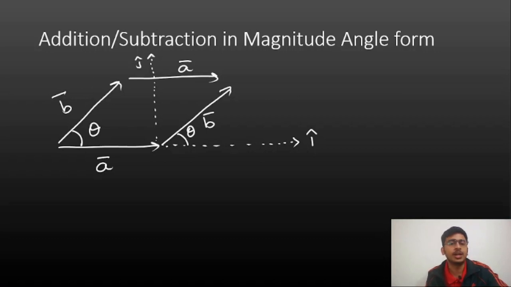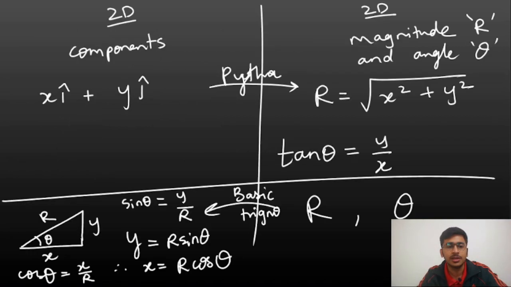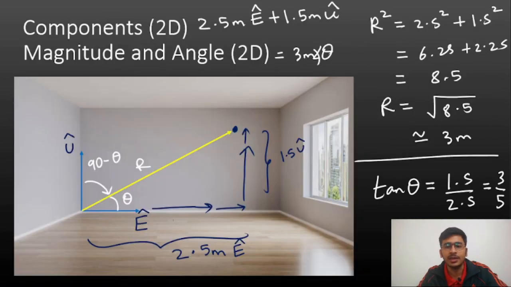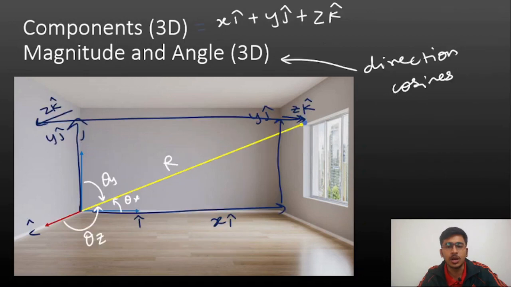And let's say the magnitude of A is A and the magnitude of B is B, then I can simply split B into two components as we had seen in the previous class. So we had seen in the previous class that in 2D vectors, I can split it into components.